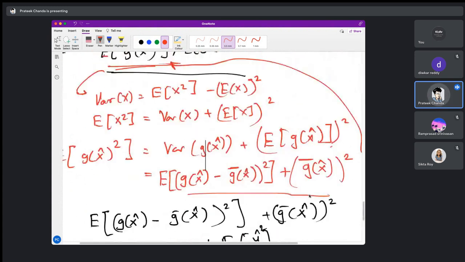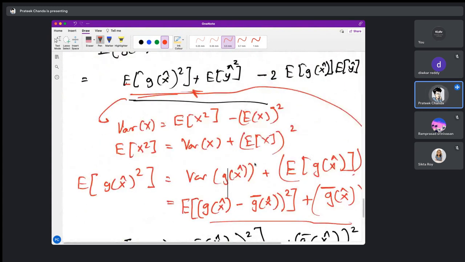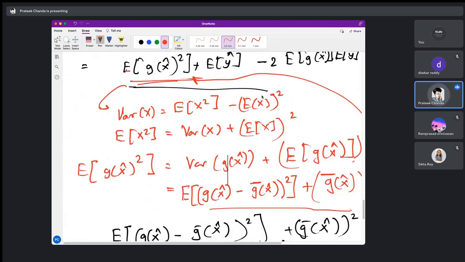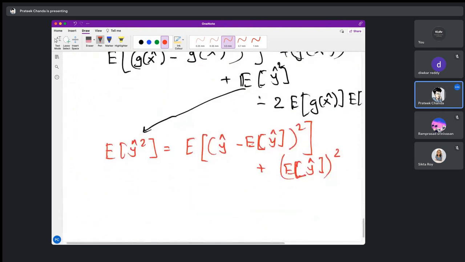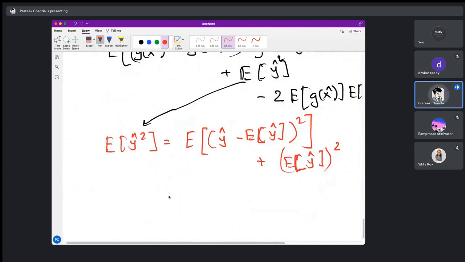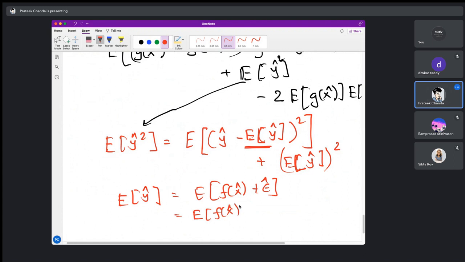So I'm actually using the same concept here. If I have this, then for E of y hat I can write, if you remember, y hat was f of x hat plus epsilon. So that would mean E of f of x hat plus epsilon, not epsilon hat, just epsilon.